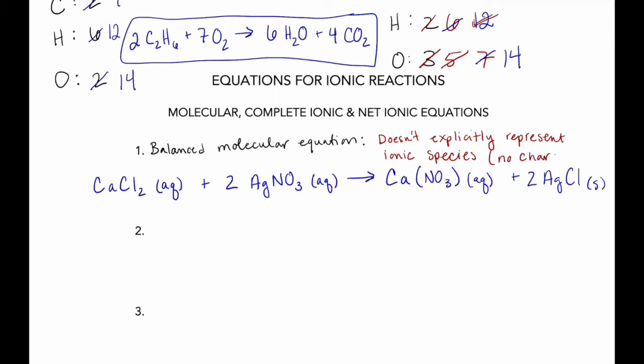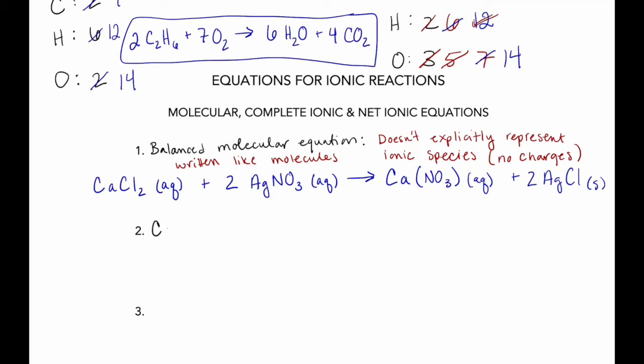And what that means is there's no charges written on anything ionic. Things are written like molecules. Here that means we've got calcium and chloride, and they're written in a formula that looks like it's a molecule. What that means will make a little bit more sense when I talk about this next equation type.